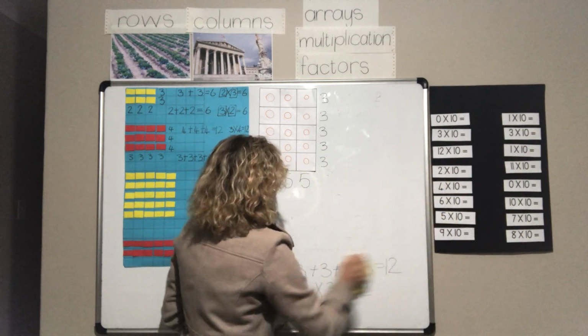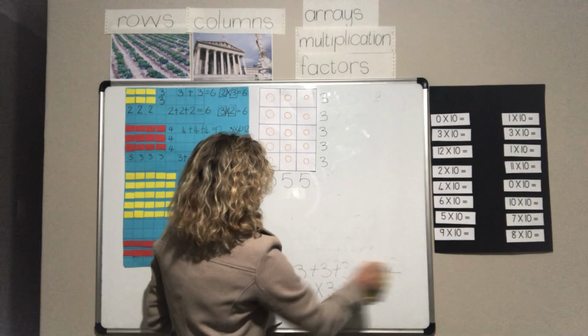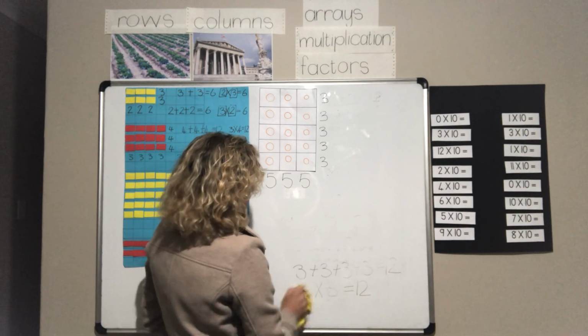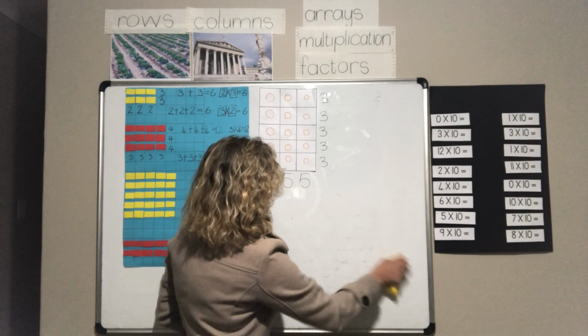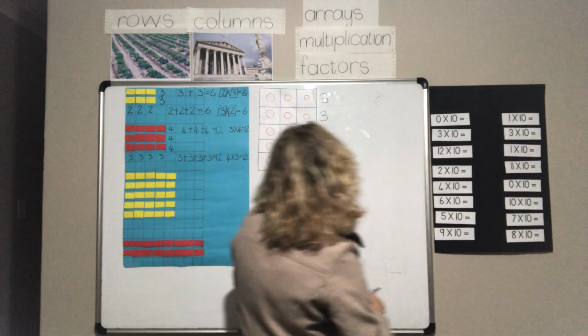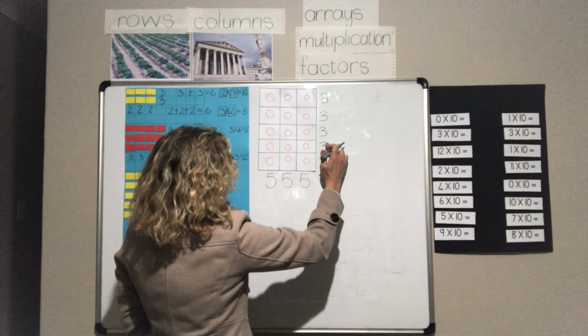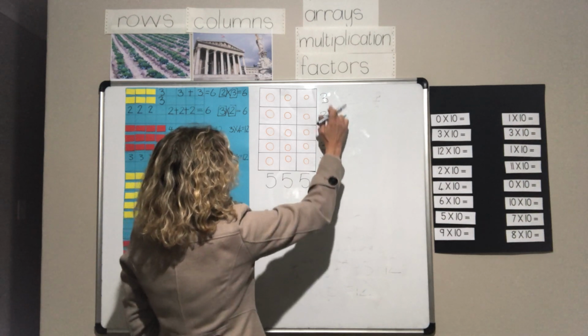So now I have options. I can say 3 plus 3 plus 3 plus 3 plus 3. 1, 2, 3, 4, 5 threes.